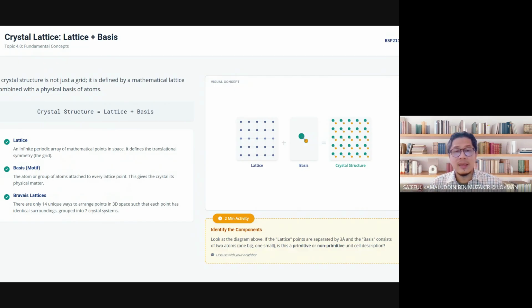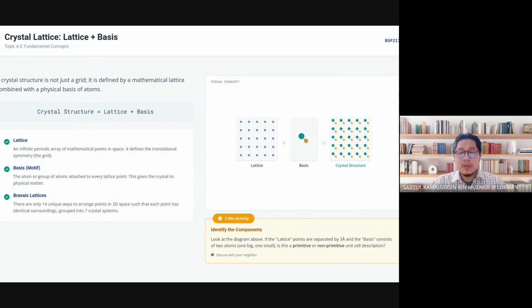So a lattice is a periodic array of points in space. On its own, it's just a mathematical framework. When we attach an atom or group of atoms or molecules to each lattice point, that becomes the basis. Together, the basis and the lattice produce the actual crystal structure.